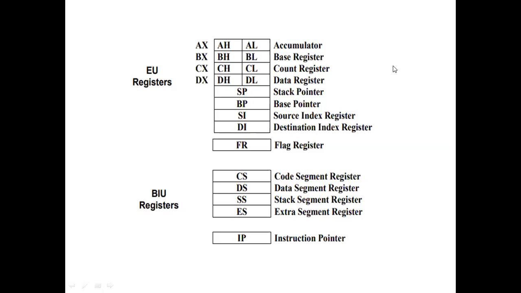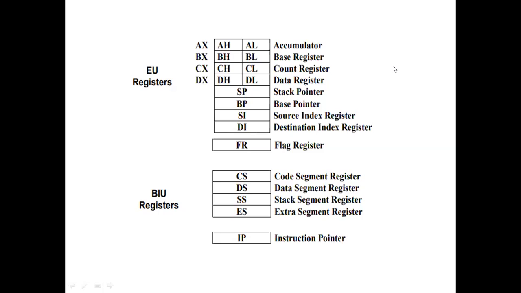Next is the BX register pair, that contains the BH and BL registers. It's used as a base register and it stores the starting base address of the memory area within the data segment. Later on, we'll discuss the data segment.